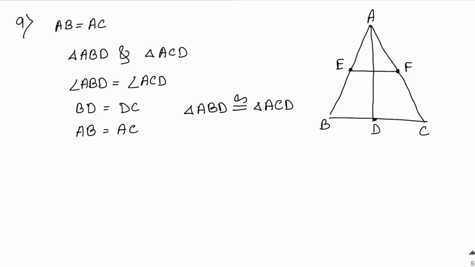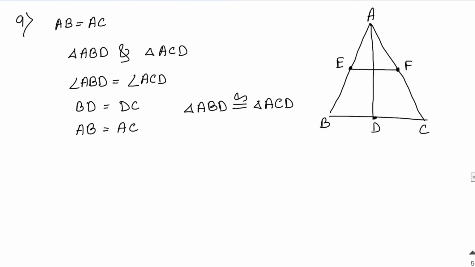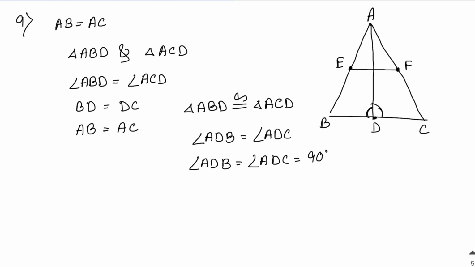So as these two triangles are congruent, then definitely angle ADB is equal to angle ADC. That means this one is equal to this one. So if these two angles are equal, then you can write down this one as 90 degrees, because here BC is a straight line.